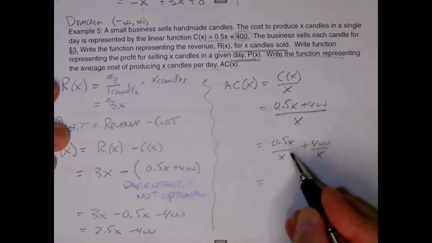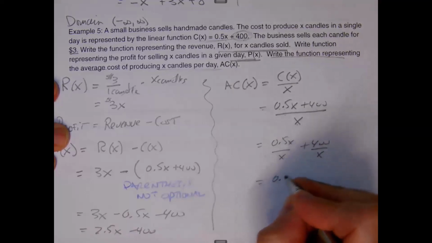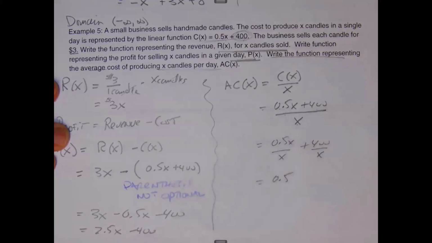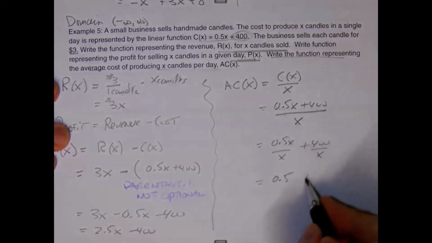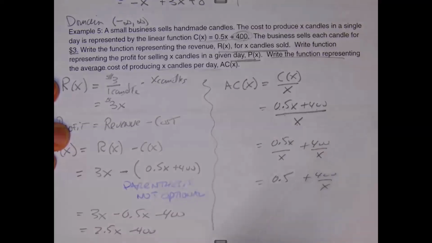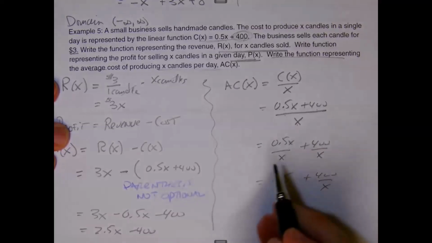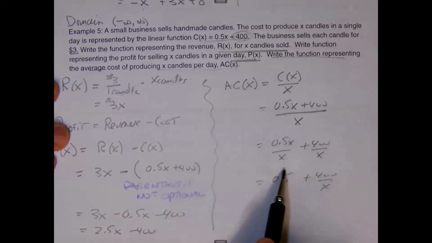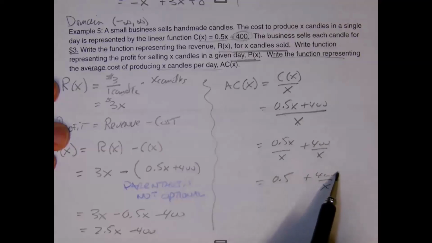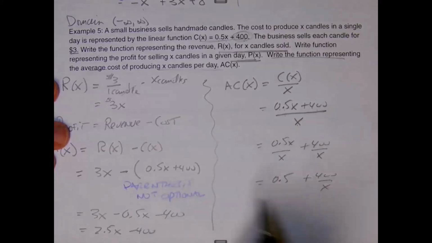These x's, representing the candles, cancel, and I'm left with 400 divided by x. So notice what this is saying: the average cost per candle is the 50 cents every time I produce one. However, added to that I need to take into account the fixed cost, and I divide that by x. So you can see even by this equation that the issue is this fixed cost of 400. The more candles are produced, the average cost will go down.